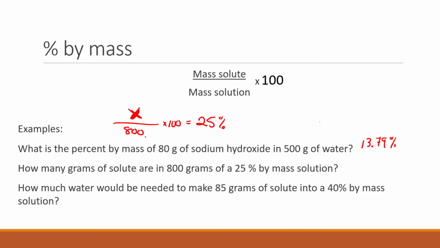Right, x over 800 equals 0.25. Right, so we're looking for a quarter, which would be 200. Or we can solve it out, right? 100x over 800 equals 25. Multiply by the inverse here, 800 over 100 to get 200 equals x.